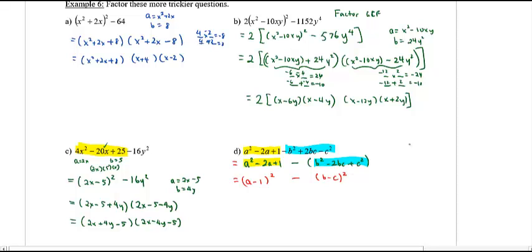And look, we have a difference of squares. So a plus b, a minus b, a plus b minus c minus 1, a minus b minus c minus 1.